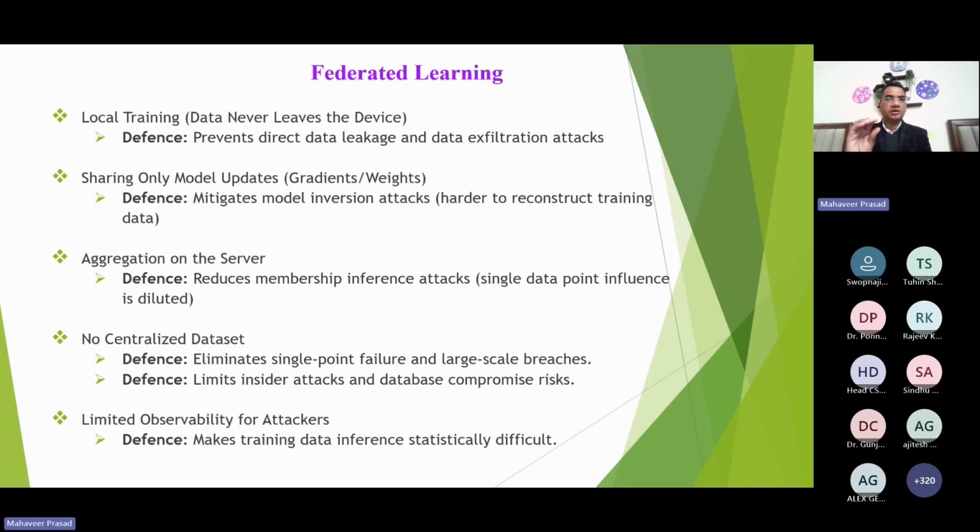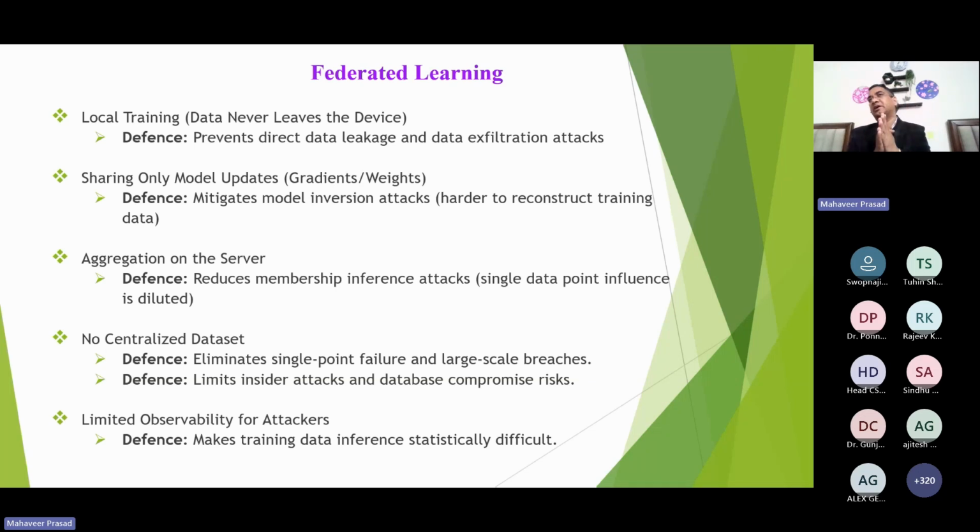Sharing only model updates mitigates model inversion attacks. Aggregation takes place on the server, so the defense reduces membership inference attacks. There is no centralized data set. If the data is scattered, it eliminates a single point of failure and large-scale breaches.